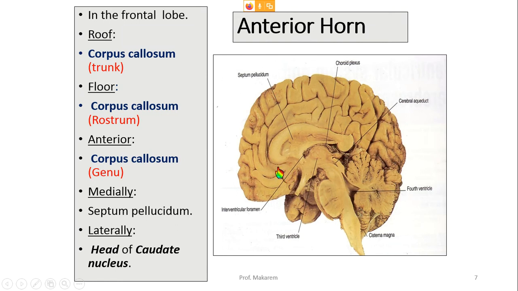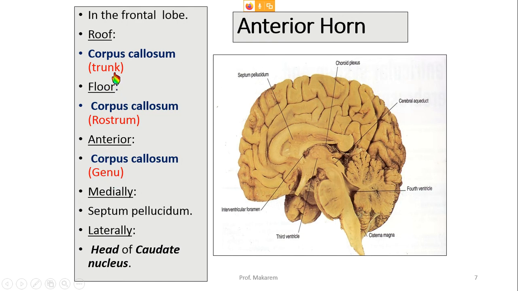On coronal section, it is roughly triangular in structure. It presents a roof, floor, anterior and medial walls.